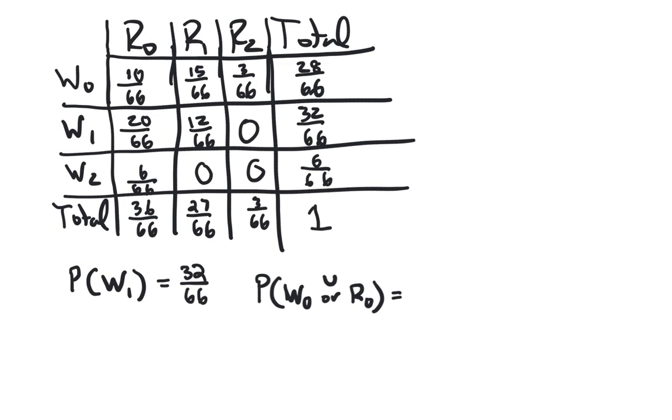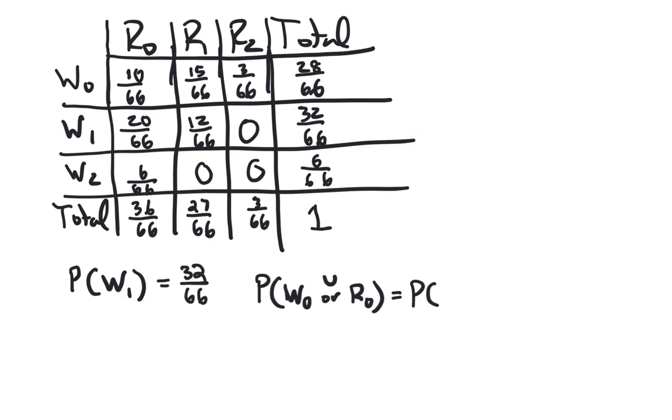Okay, now that we're back, we can do this in two ways. We can add up all of the cells that have 0 red or 0 white. So it's 1, 2, 3, 4, 5. So it's those guys. Or we can use the fact that it is the probability of drawing 0 white plus the probability of drawing 0 red, but we double counted this AND cell here twice. So we need to subtract off one copy. So let's do that.